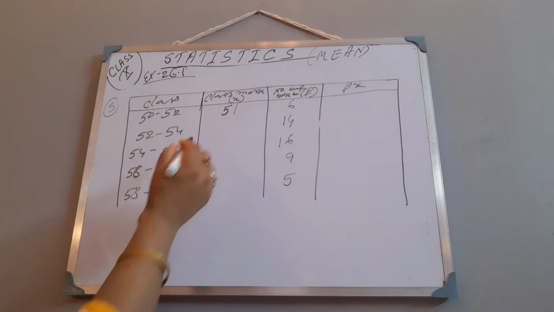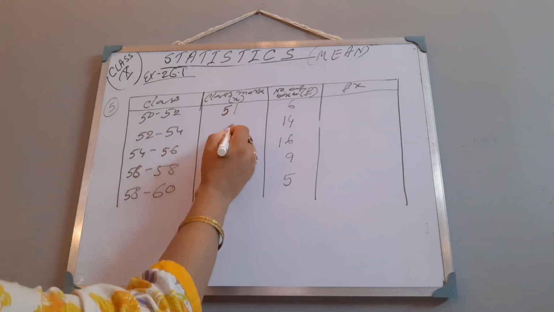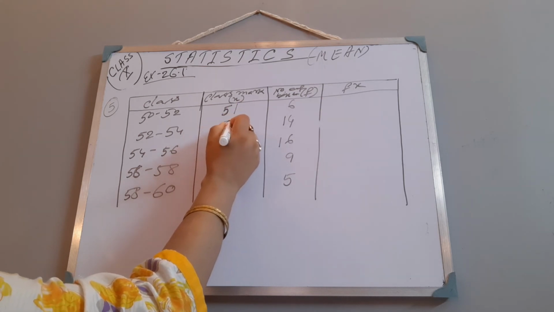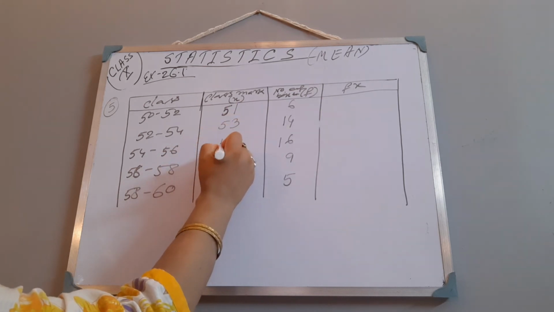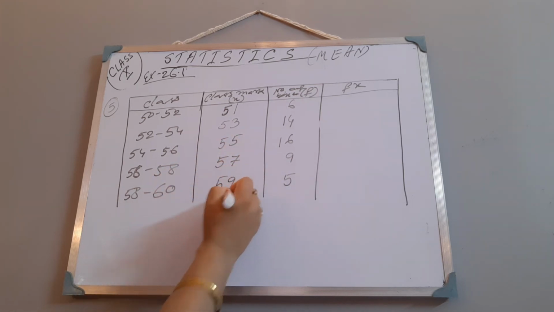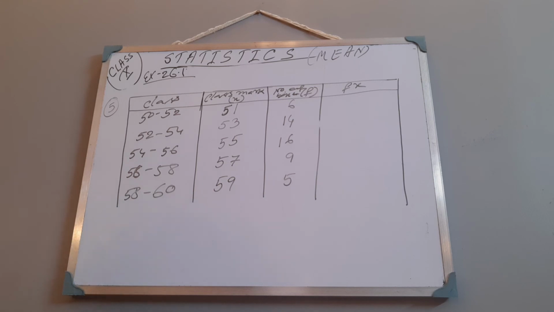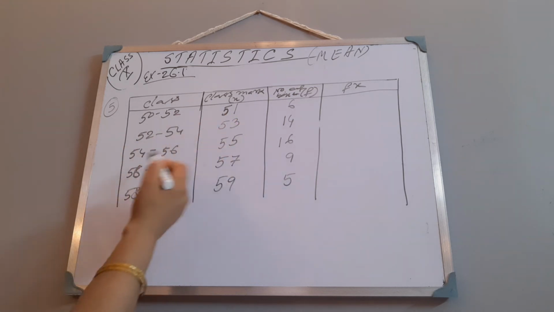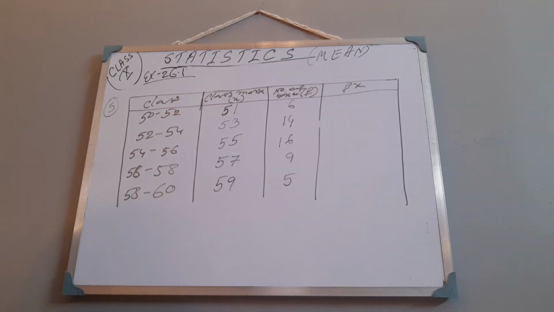When class size is given, we add plus 2 like this. 51 plus 2, we will get 53. Next 55. Next 57. Next 59. Okay. And if we add 52 plus 54 by 2, we will automatically get 53. No need to do the calculation. This is the easiest method.